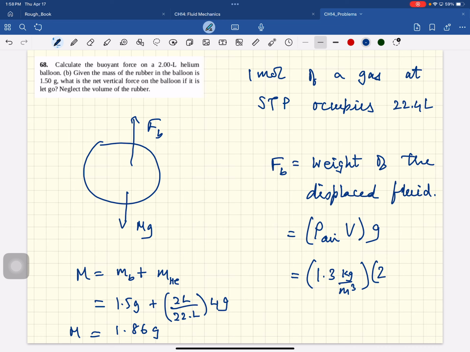Volume is 2 liters, and a liter is 1,000th of a meter cube, times G. Again, G is 9.8.